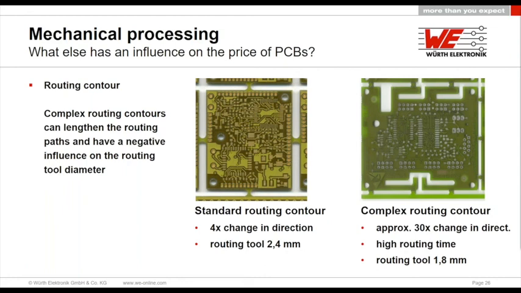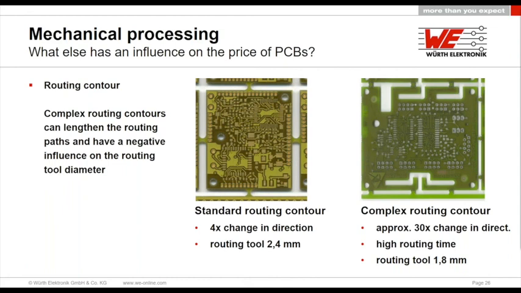But on the right side, you see a board. Here you have cutouts which need to be done. And it's interesting for you to know that for those cutouts, even if this is just a 2 millimeter wide cutout, we cannot use a 2 millimeter tool.